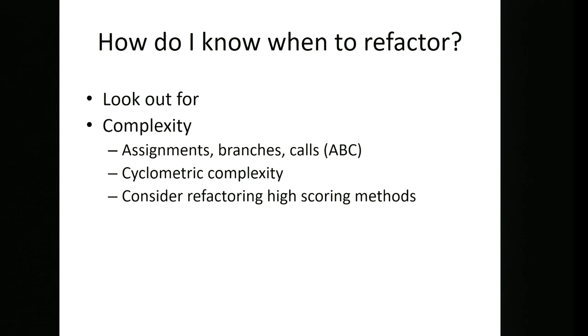So cyclomatic complexity is a number attached to that. If you've got lots of branching in a method, it might come out as being complex in that way. So that's another good thing to check for, and you would consider refactoring high-scoring methods.